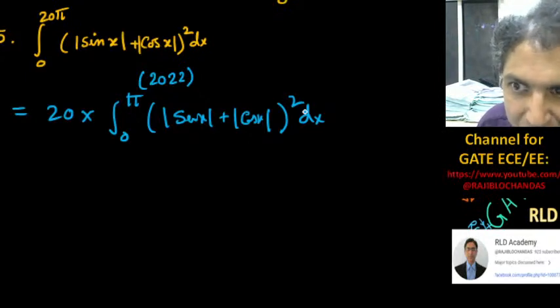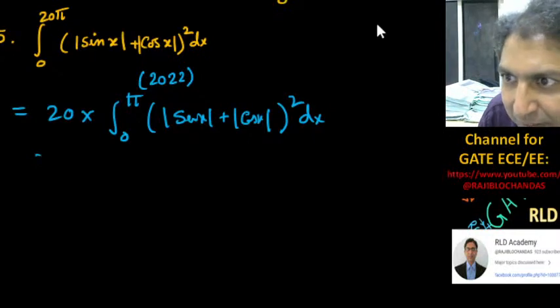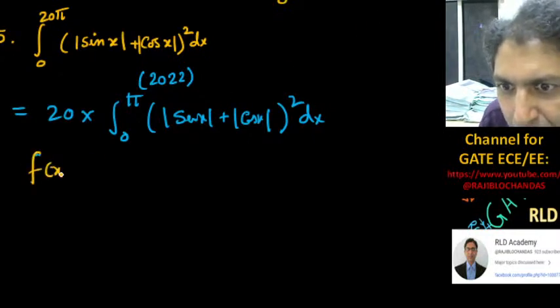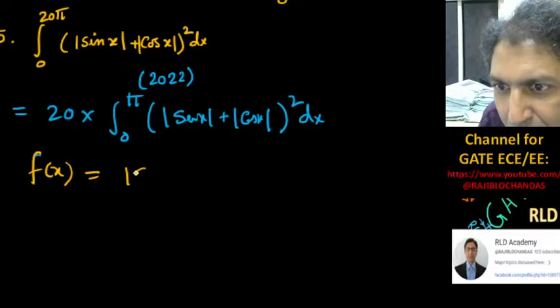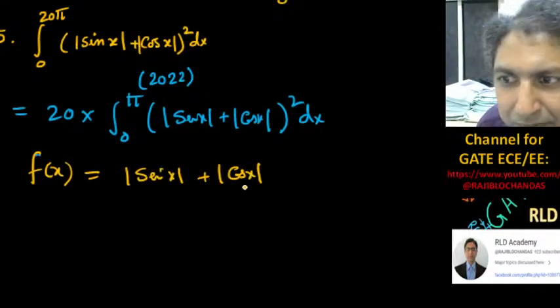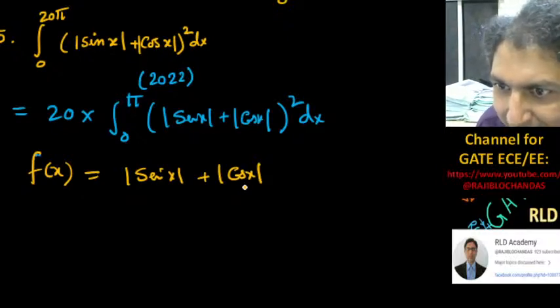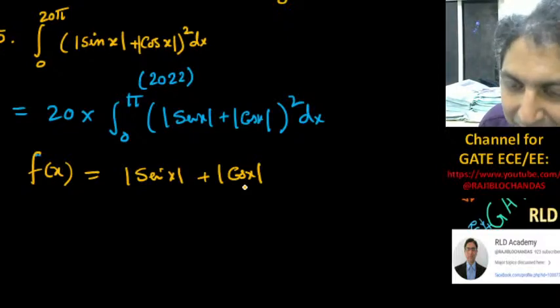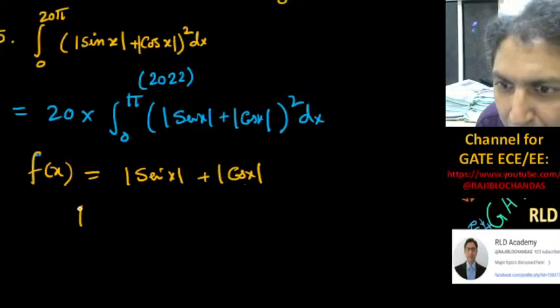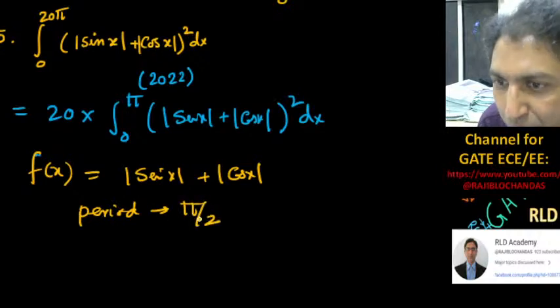But whenever you consider the addition of these two, if I consider a function f of x is mod of sin x plus mod of cos x, this is my function and this is again periodic, and we can show that its period is not only pi, it is pi by 2.